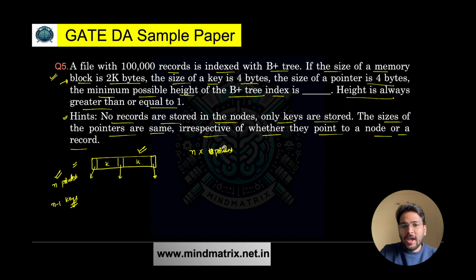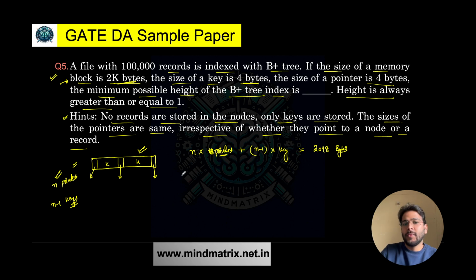So can we say n into the size of each pointer, plus n minus 1, that means the number of keys we have in that node or memory block, multiplied by the size of the key, that is also 4 bytes. This is going to be equal to the memory block size, which is 2k bytes, or we can say 2048 bytes.